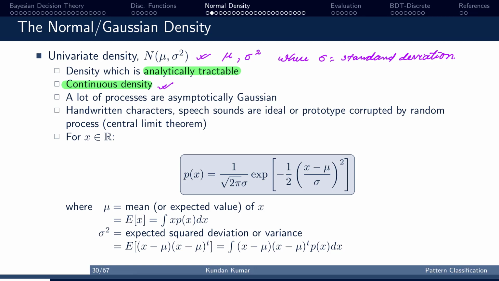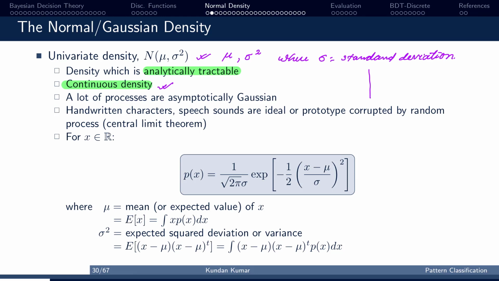And also in real life experiments, the events are basically asymptotically Gaussian. That means it follows the Gaussian distribution, and the value of the event will be 0 when we approach infinity.